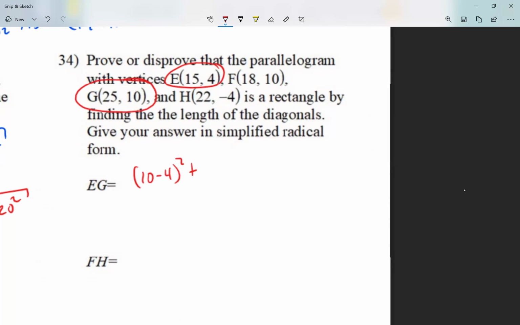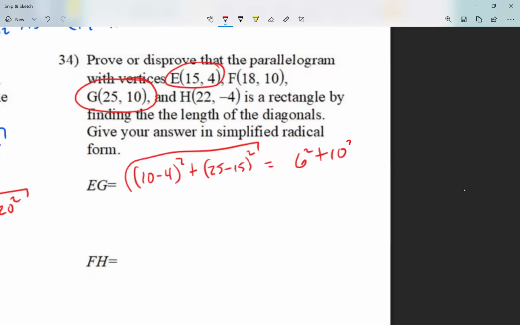Let me subtract the x's. 25 minus 15 all squared, and this is inside a square root. I know 10 minus 4 is 6, so 6 squared. I know 25 minus 15 is 10, so 10 squared. I'm looking at the square root of 6 squared plus 10 squared. Type it in on your calculator. Round your answer to one decimal place, 11.7.